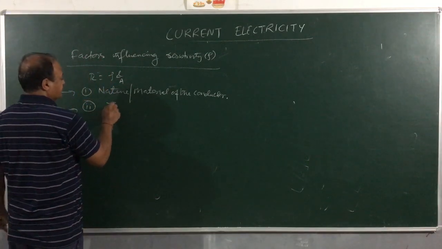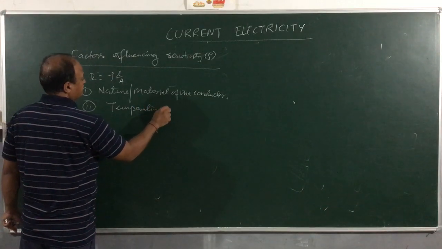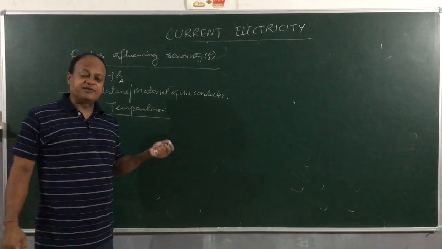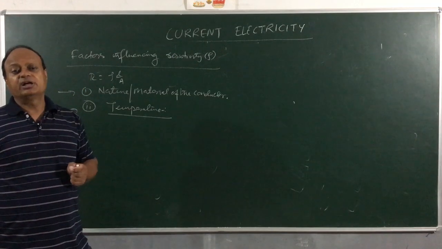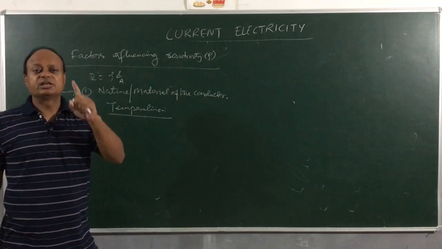Second one is temperature. Temperature is a very key factor affecting resistivity. Remember, resistivity of a metallic conductor increases with increase in temperature.